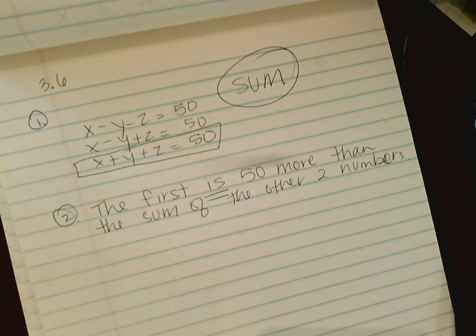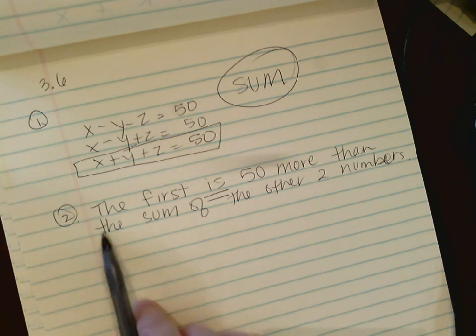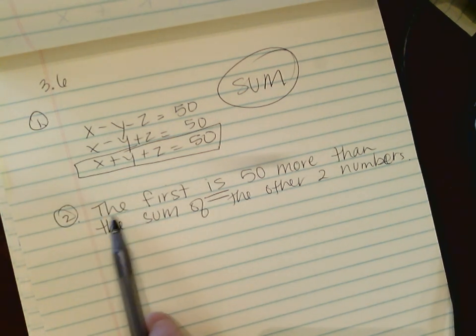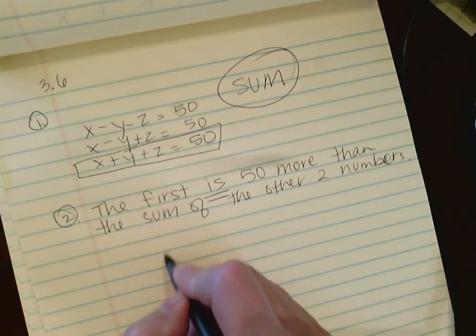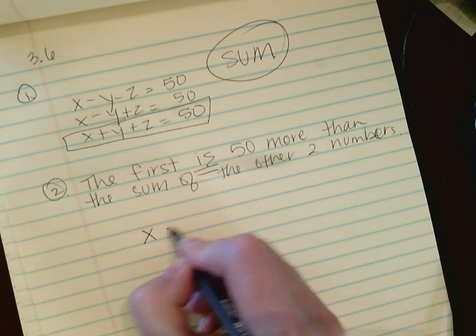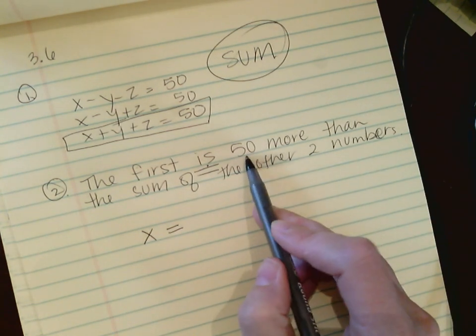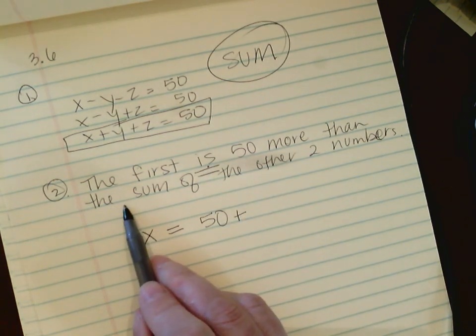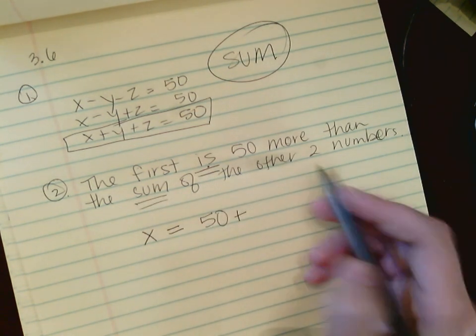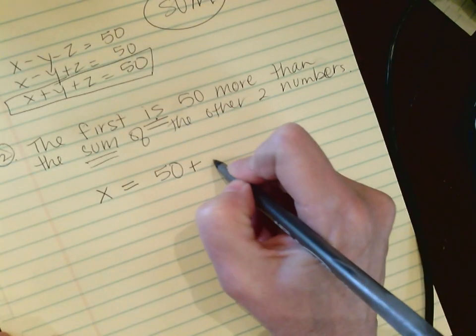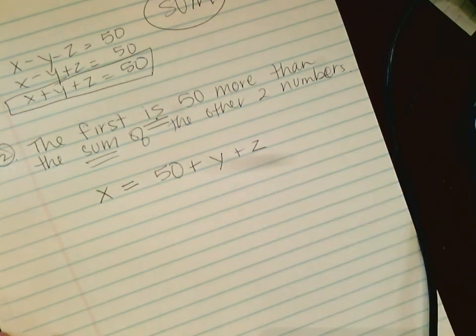Okay, so we're going to call the numbers x, y, and z. To write this out as a mathematical sentence, just look at exactly what the statement says. The first number, we'll call it x, is always means equals. Now, 50 more than, so 50 plus the sum of the other two numbers. We'll call the other two numbers y and z. So 50 plus y plus z.